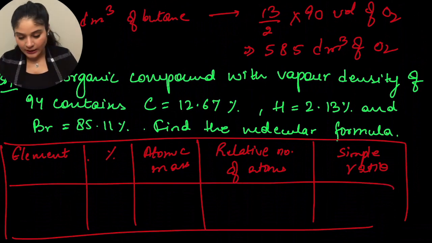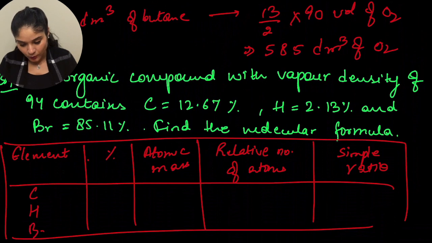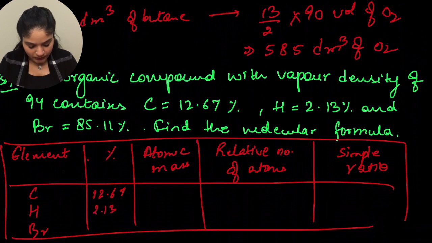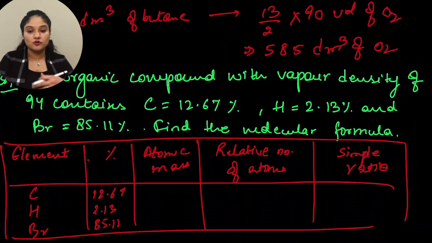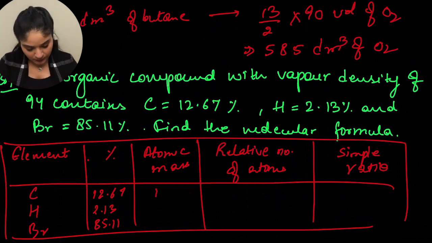Now let me look at the numbers. You have carbon, hydrogen, and bromine, and the percentages given are 12.67, then 2.13, and then 85.11. Atomic masses are not given in this one, but you generally get that in the exam. So the atomic mass for carbon is 12, hydrogen is 1, and bromine is 80.